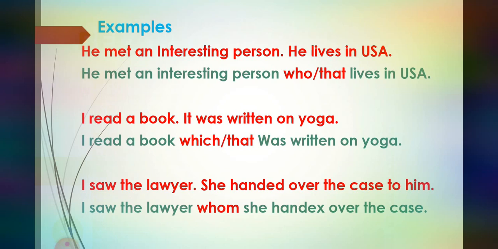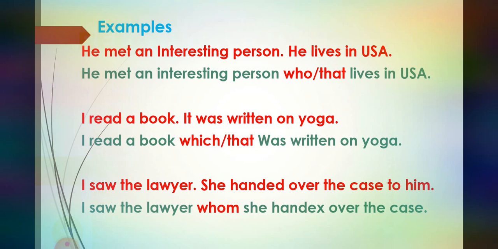Examples: He met an interesting person. He lives in USA. To combine these two sentences: he met an interesting person who lives in USA, or that lives in USA. I read a book. It was written on yoga.